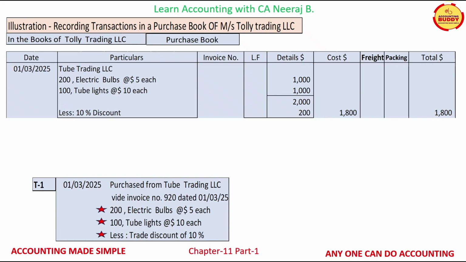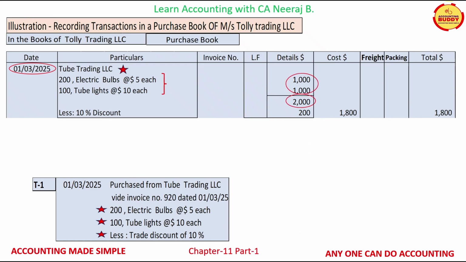This transaction will appear in the purchase book as displayed on your screens. In the date column, the date on which the transaction took place, that is 1st of March 25, is mentioned. In the particulars column, the name of the supplier, Tube Trading LLC, along with the full description and details of the goods bought is mentioned. The value of each item of goods is mentioned in the details column.